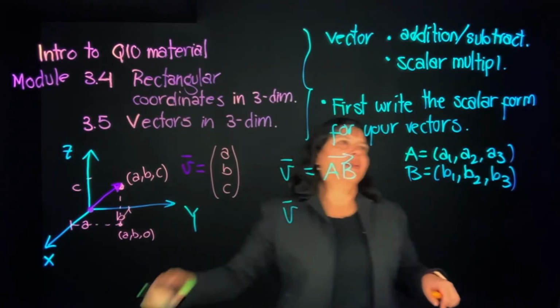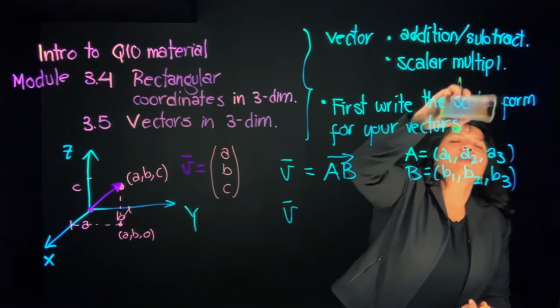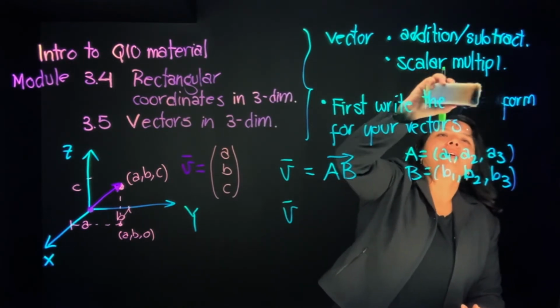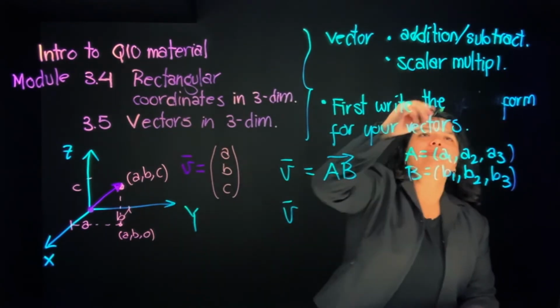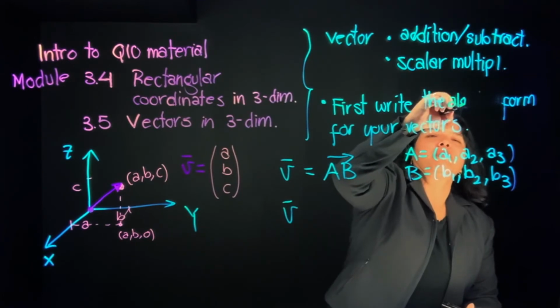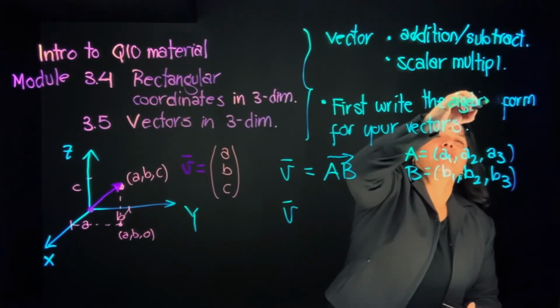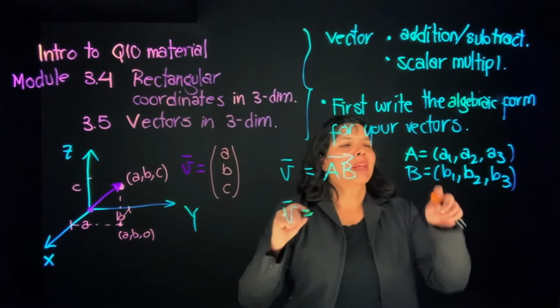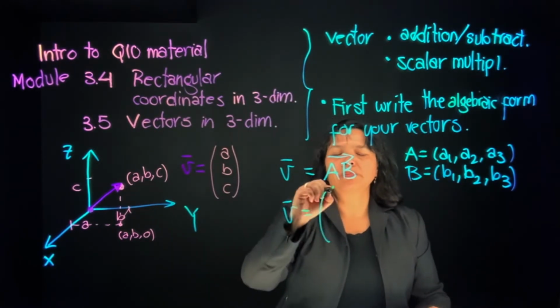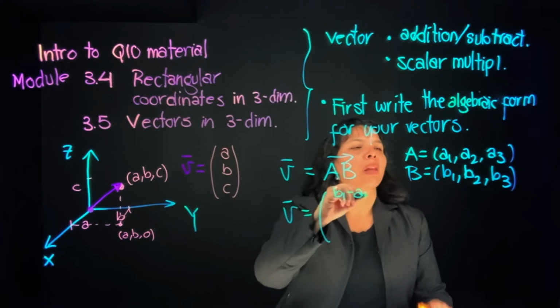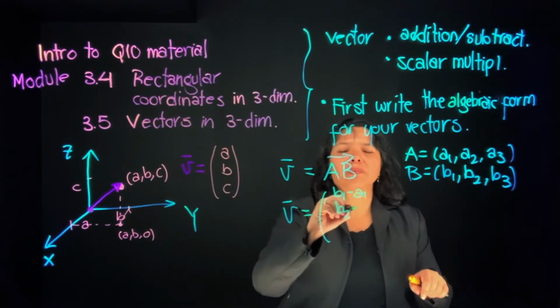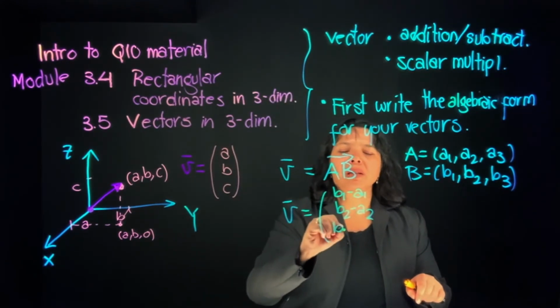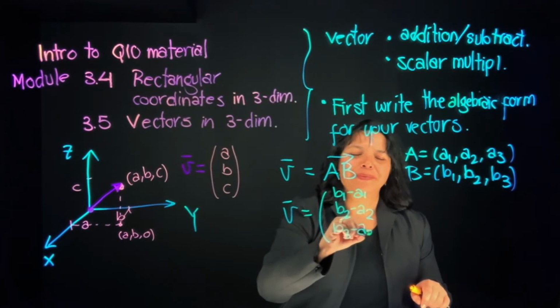I didn't mean to say scalar form, sorry. This was supposed to be algebraic form. The algebraic form of your vector would be B1 minus A1, B2 minus A2, and B3 minus A3.